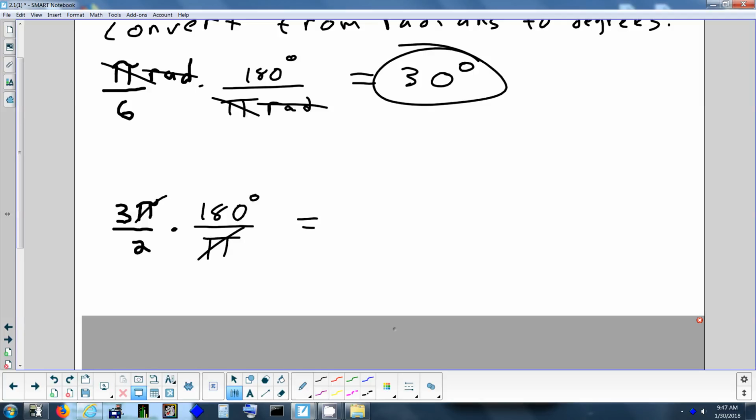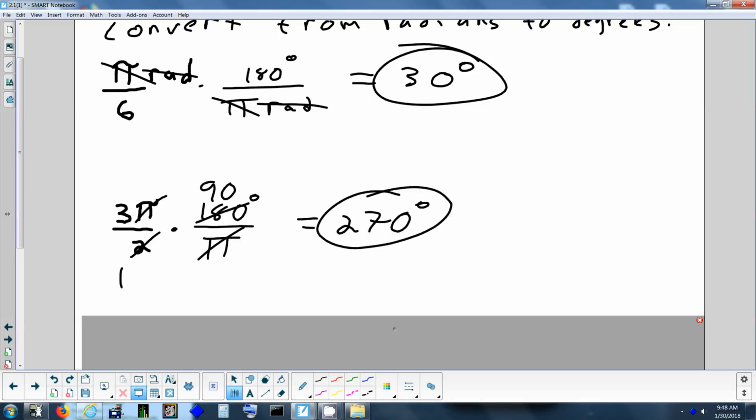And then before I solved it, I divided the 180 by 2 into 90 to make it easier. Sounds good. Multiply by 3. Okay. So you're left with 3 times 90 with a degree symbol, which is how much? 270 degrees. 270 degrees. Yep. Okay. Any questions on that one?